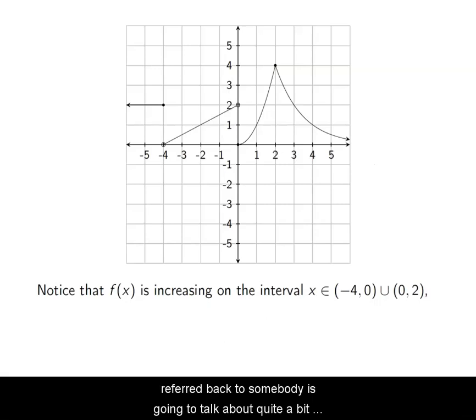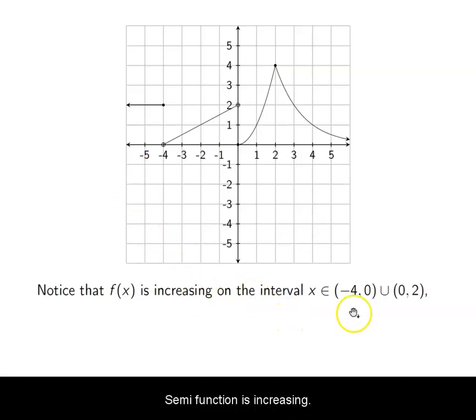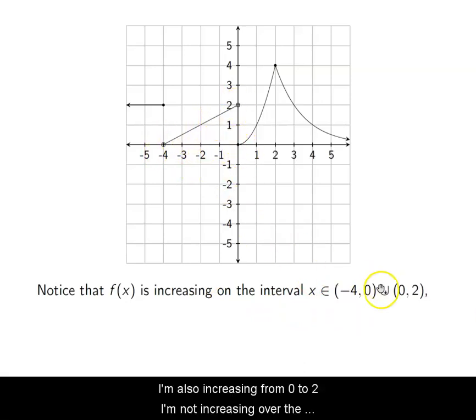A couple of things that we want to talk about, just to refer back to ideas we're going to discuss quite a bit, is this idea of increasing and decreasing. My function is increasing from -4 to 0, because I'm going up in value, and I'm also increasing from 0 to 2. I'm not increasing over the entire interval, however, because I have a point where I'm going from large values to smaller values.